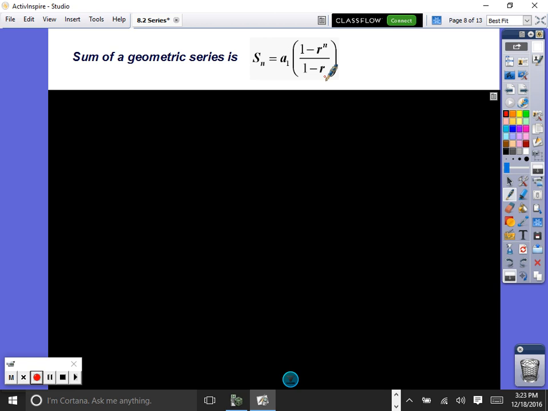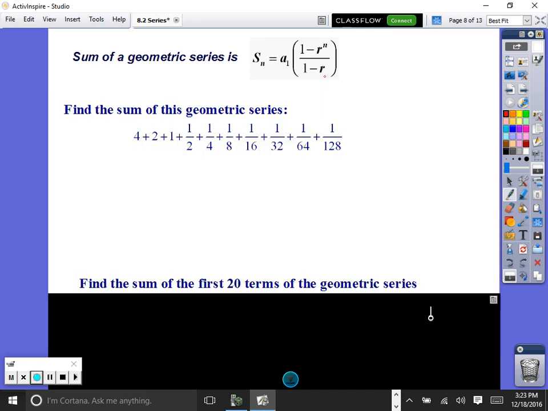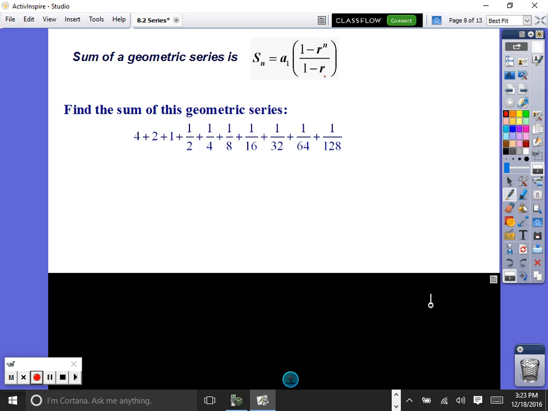The sum of a geometric series is the first term times 1 minus the ratio to the n, divided by 1 minus the ratio. So we'll try a few. Now it says find the sum of the geometric series.